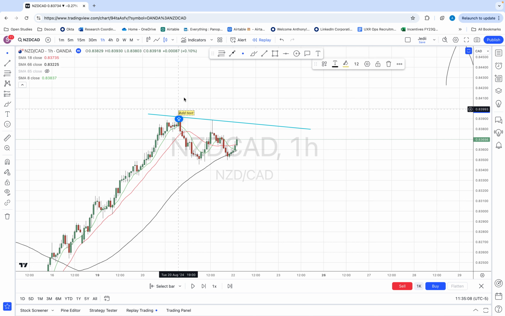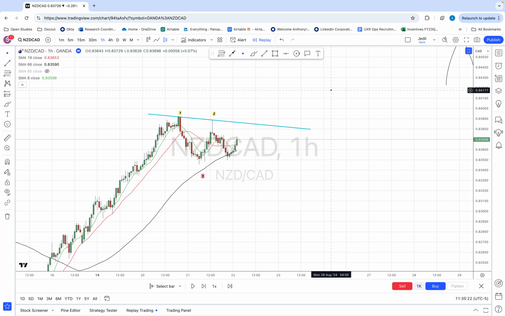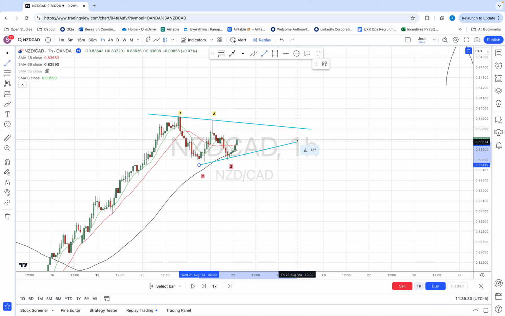So I'm going to coordinate this. One, two, one, two. Then I can grab a trend line because it's going up, it's going with the trend. So this bottom one is a trend line, the top one is going to be a counter trend line.